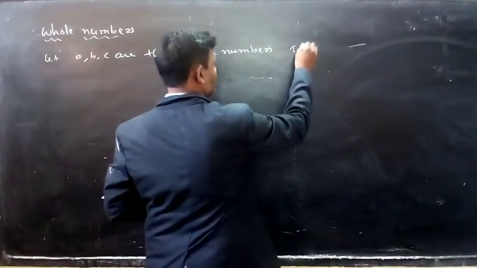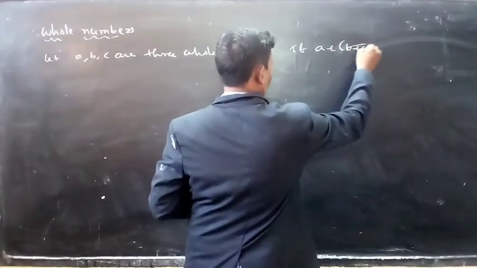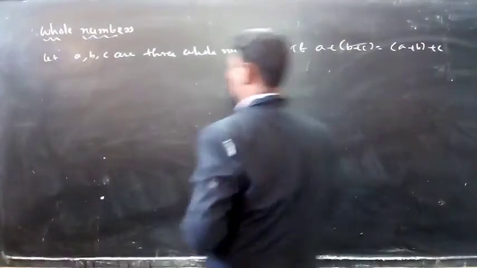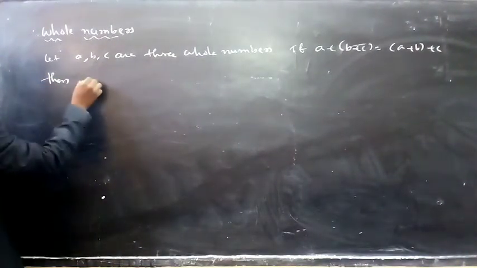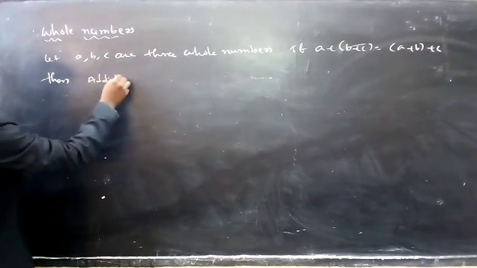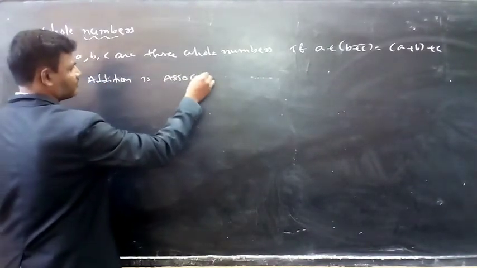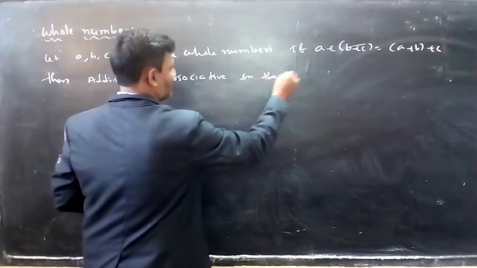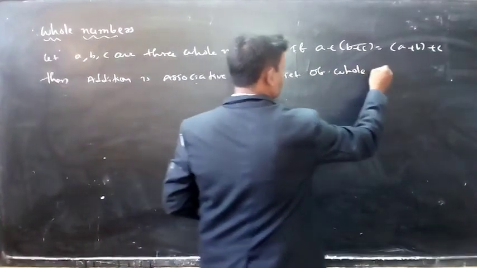If (A plus B) plus C is equal to A plus (B plus C), then addition is associative in the set of whole numbers.